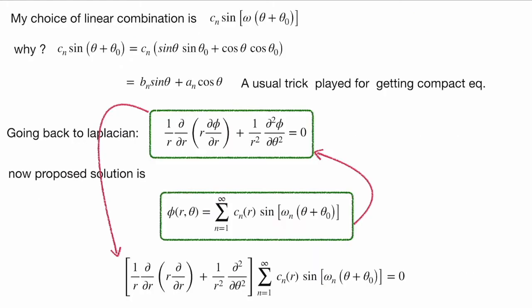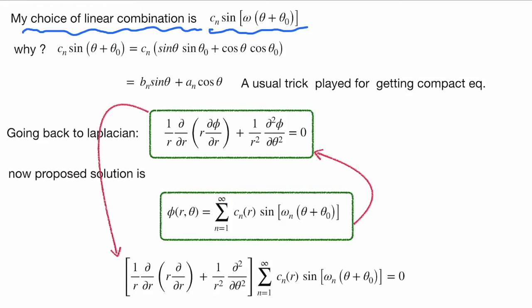So let me deviate a bit. My choice of combination is a linear combination of e power plus or minus i omega x, which I write as c n sine of omega theta plus theta naught, where theta naught is a constant phase. Why is it so?